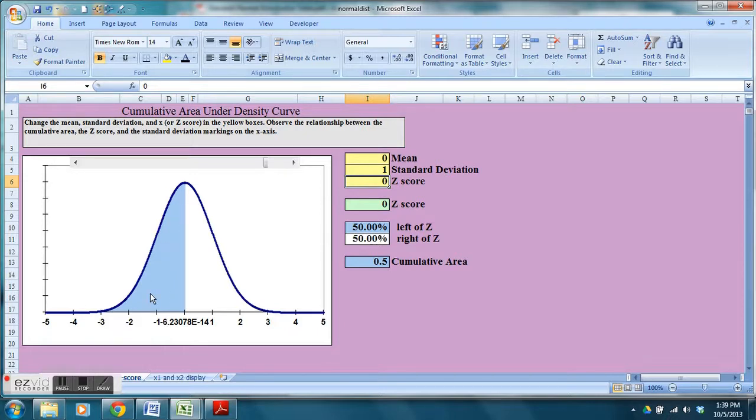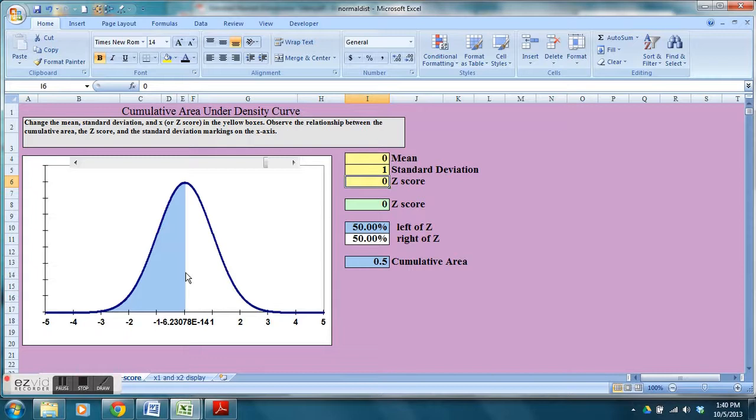Now remember, probability is the area under the curve for a probability distribution graph, and cumulative. So we're interested in the shaded region. We want to know what is the probability that z, or the z-score, be less than 0. And we can see from here, 0 is the mean.